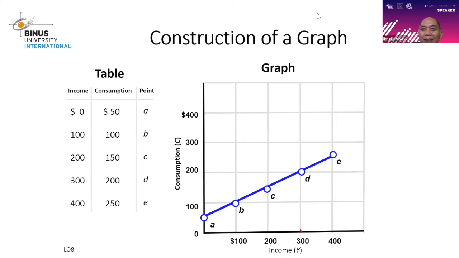Look at this. Say we don't have the others, and we only have point C and point D. If it's a straight line, if it's linear, then we can draw a graph. Simple, straightforward.